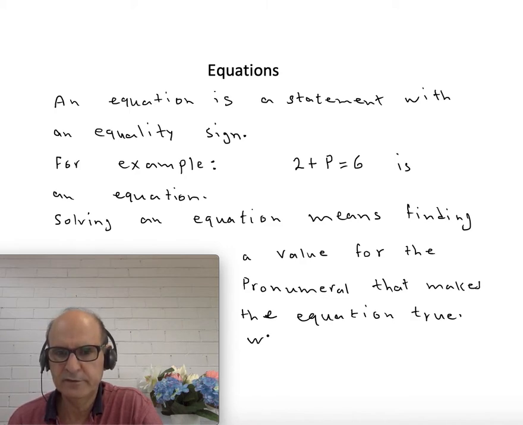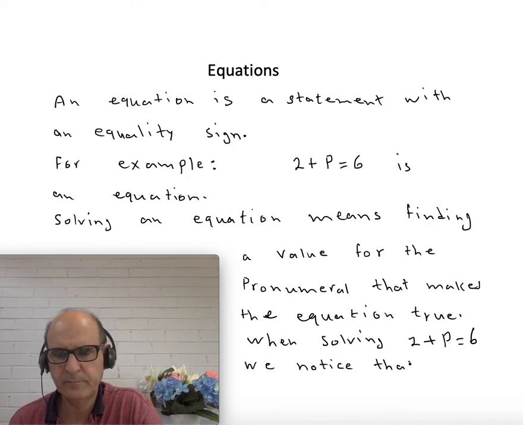So when solving 2 plus p equal to 6, we notice that when p is 4, the equation is true.